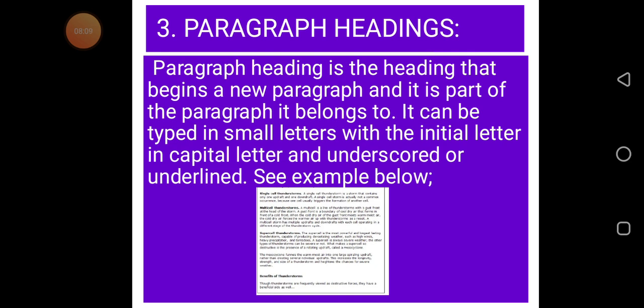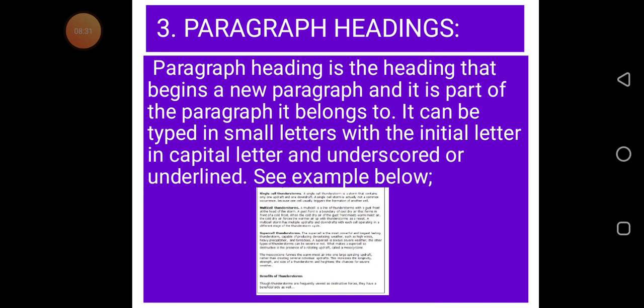So we all know what a paragraph is. A paragraph is a body of letter that is trying to say something different or related to the previous paragraph. So when we talk about paragraph heading, it is the heading that begins a new paragraph.